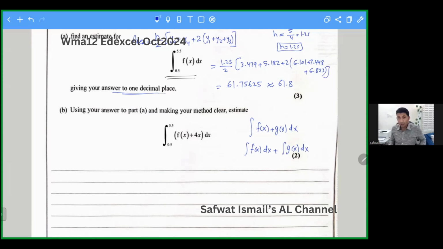So if we apply it here, I'm going to have the definite integral from 0.5 to 5.5 of f of x dx, which we have the answer already from the first part, 61.8. And we have the definite integral again of the second function, which is 4x dx.